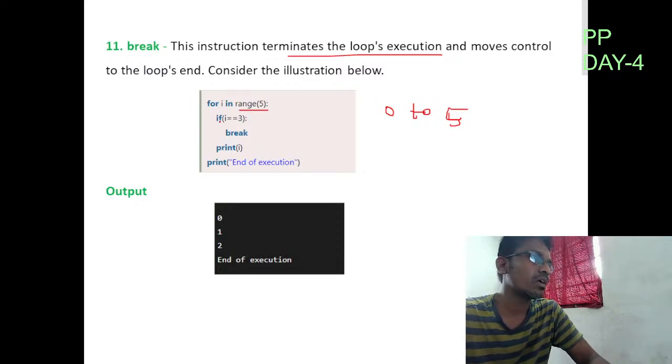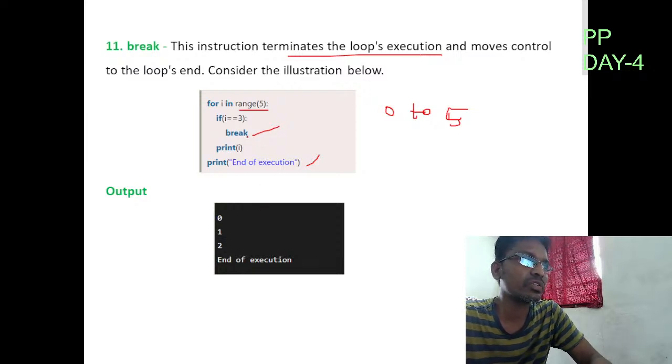If i is equal to 3, then it will break the iteration. Whenever the i value is equal to 3, it will break the iteration, and it will print end of the execution. So for termination of loops in a programming language, you have to use break statements.